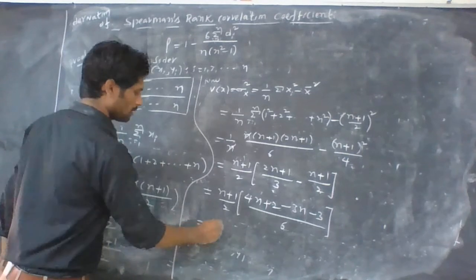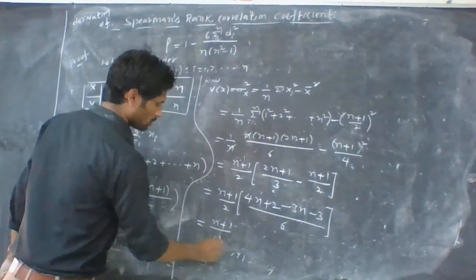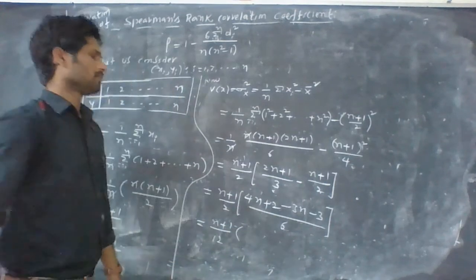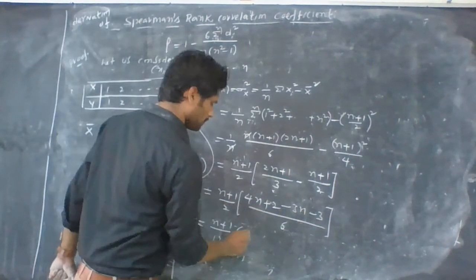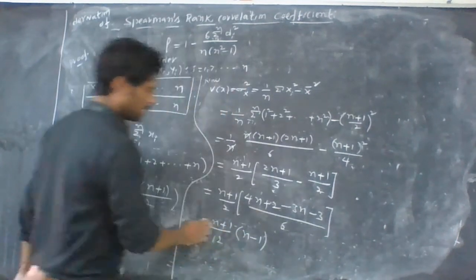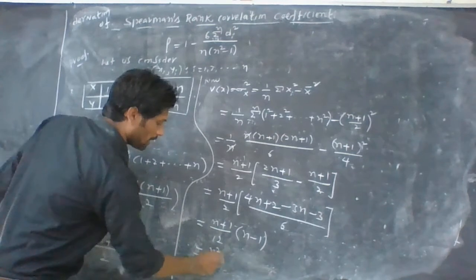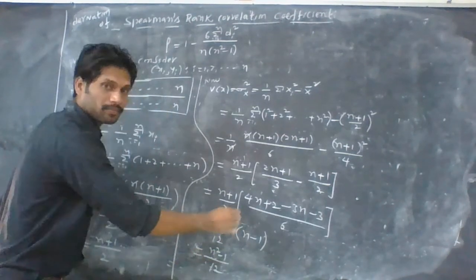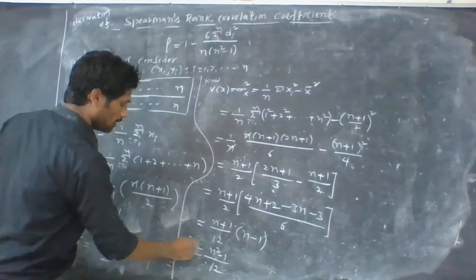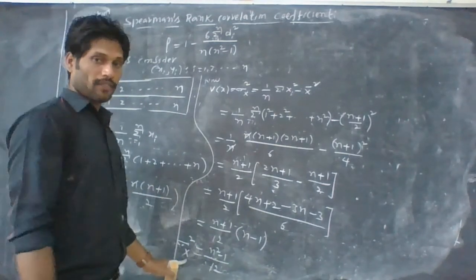Again n plus 1 by 12 times 4n minus 3n gives n, 2 minus 3 gives minus 1, so n minus 1 times n plus 1, a plus b into a minus b. It gives n square minus 1 by 12. This is called the variance of x.